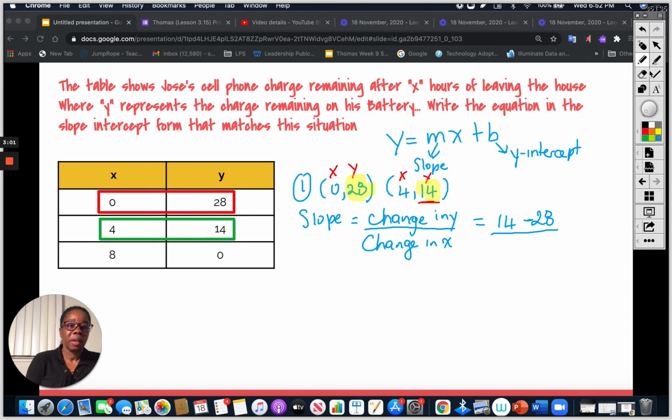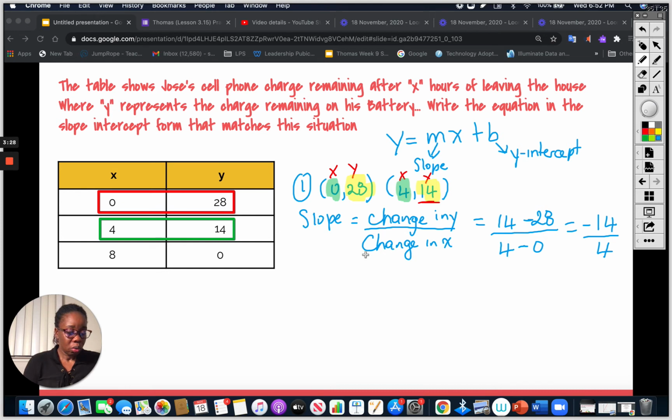Divided by the change in x. 4 and 0 are our x coordinates, so that's what we want to use. We're going to start with 4 minus 0. When we take away 28 from 14, that leaves a negative 14 because we're taking a larger number from a smaller number. And 4 minus 0 is 4.